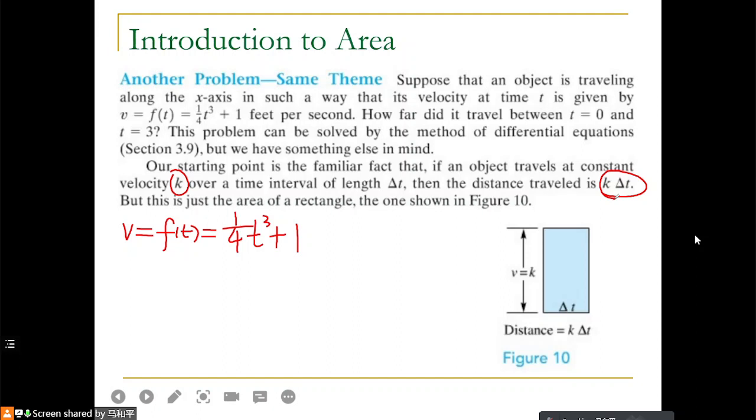But here, the velocity 1 over 4 t cubed plus 1 is not a constant. The constant case is just the area of a rectangle, the one shown in figure 10: k times delta t.